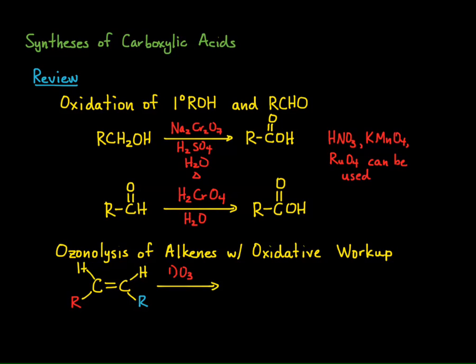Most of the time, if I take that ozonide and work it up under reductive conditions, like dimethyl sulfide, for example, I form aldehydes. But if I work it up in oxidative conditions, using hydrogen peroxide in water, I get 2 carboxylic acids. You can look in section 11.6 to review that chemistry if you need to.